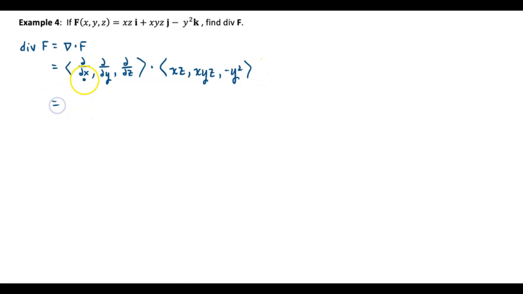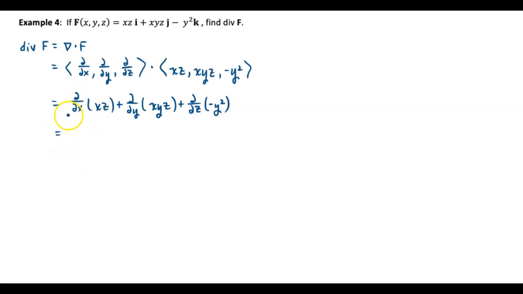Taking that dot product, we're just multiplying the components, and so we have the partial with respect to x of xz plus the partial with respect to y of xyz plus the partial with respect to z of negative y squared.